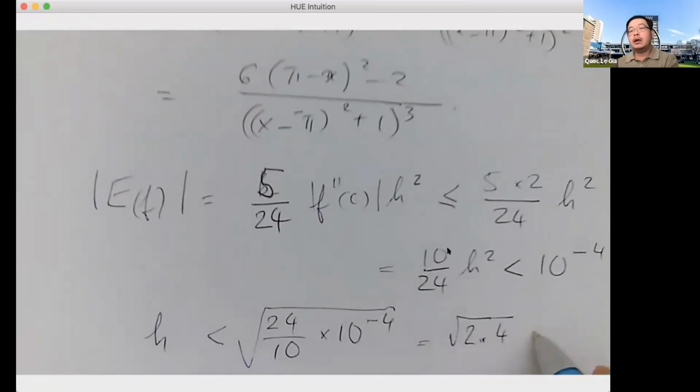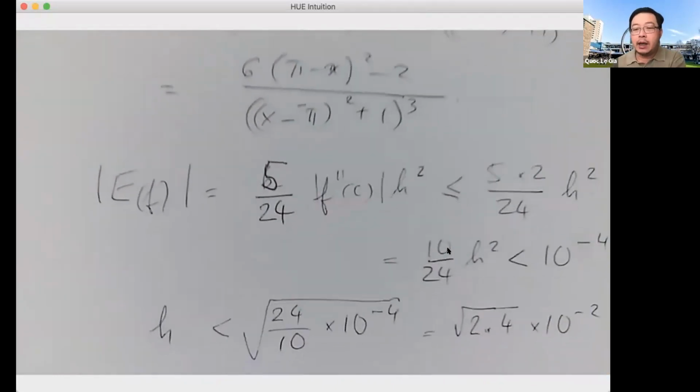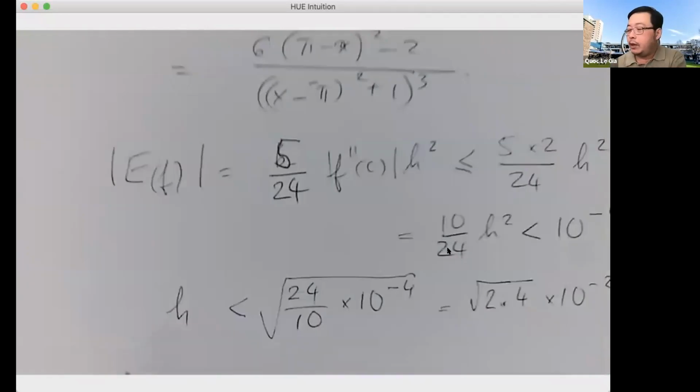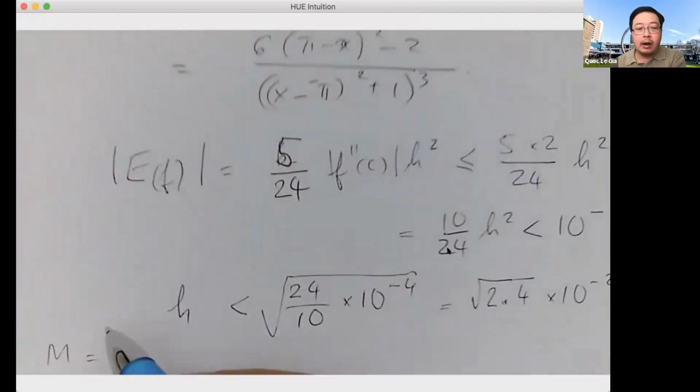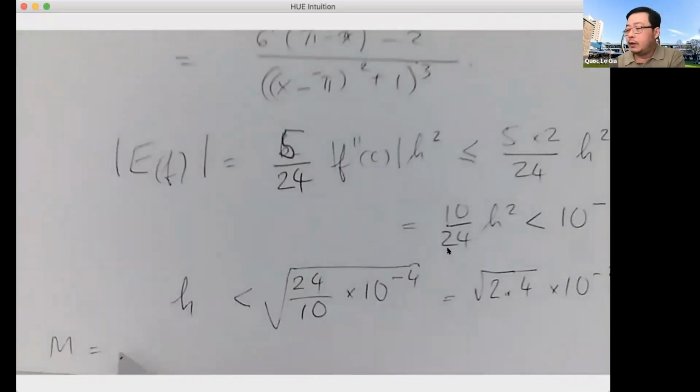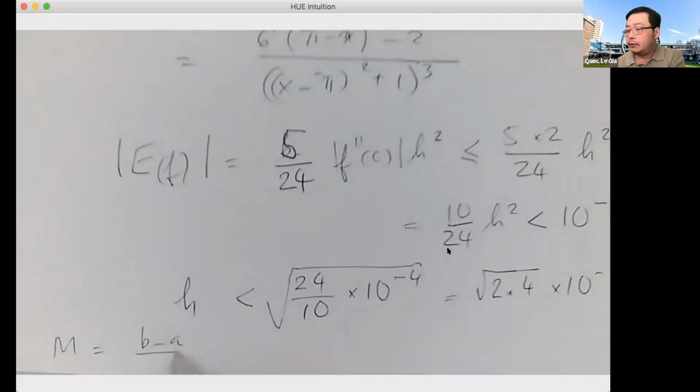Okay. And then what is the number of intervals? So the number of intervals m is just b minus a over h, right?